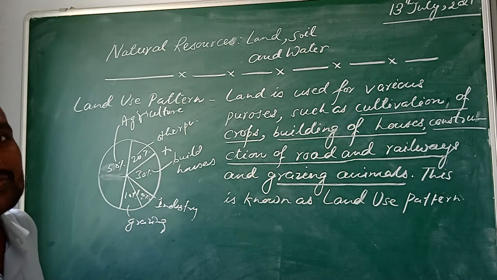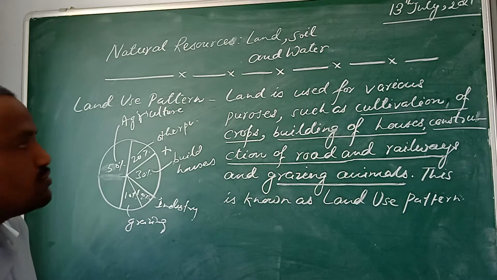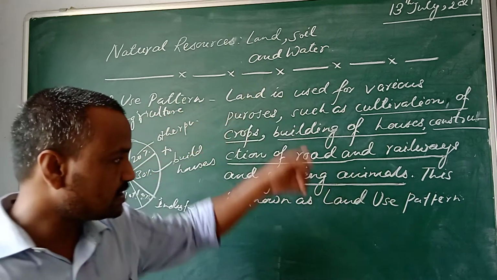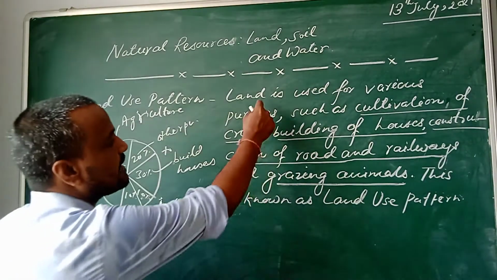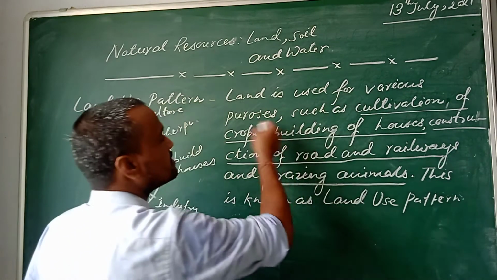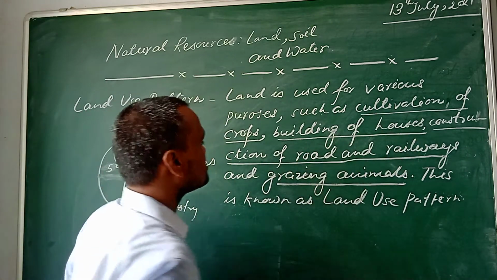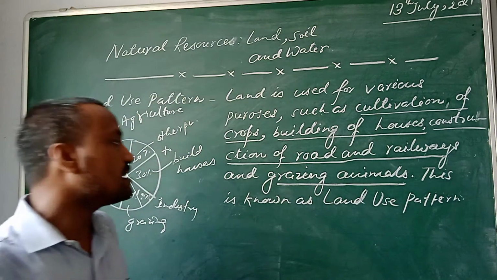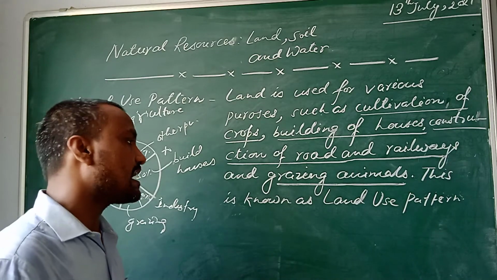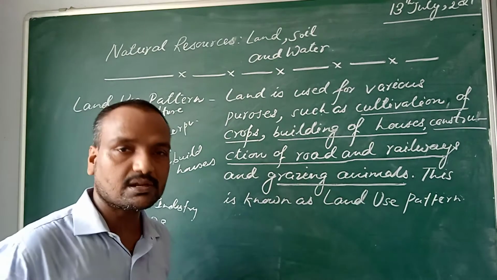Whenever you are asked what land use pattern is, you can write this definition: land is used for various purposes such as cultivation of crops, building of houses, construction of roads and railways and grazing animals. This is known as land use pattern, students.